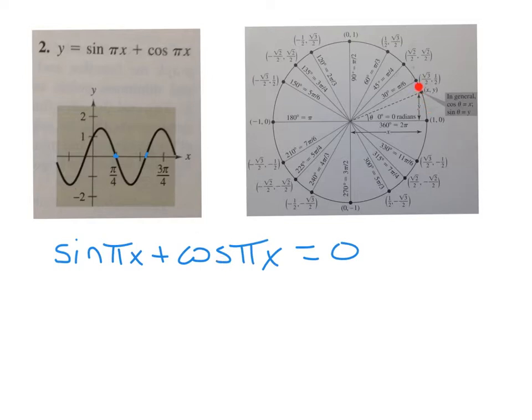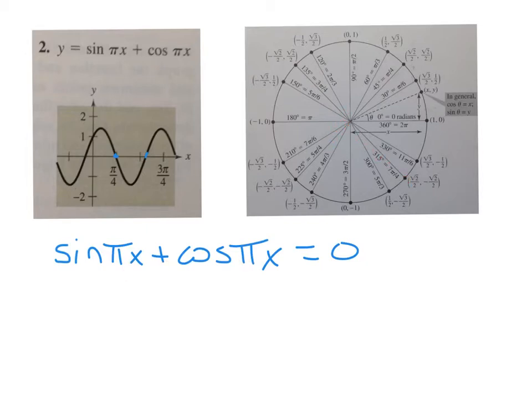If you're looking around the unit circle, what you should zero in on are the places where cosine and sine give you the same values. Okay, and that only happens at the 45 degrees. So at pi over 4, 3 pi over 4, 5 pi over 4, and 7 pi over 4.